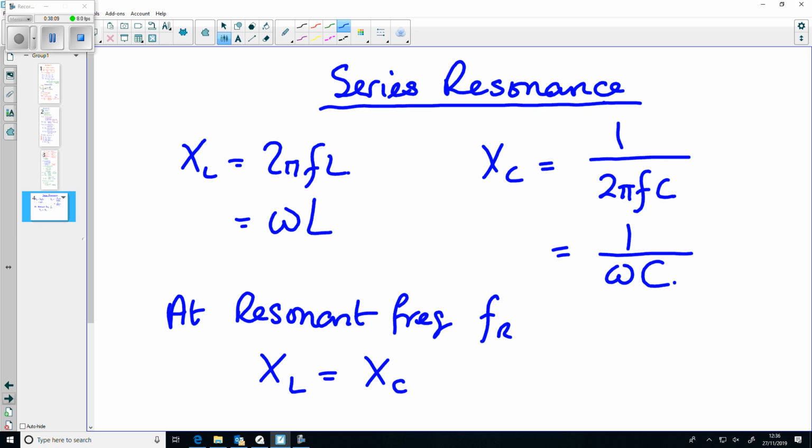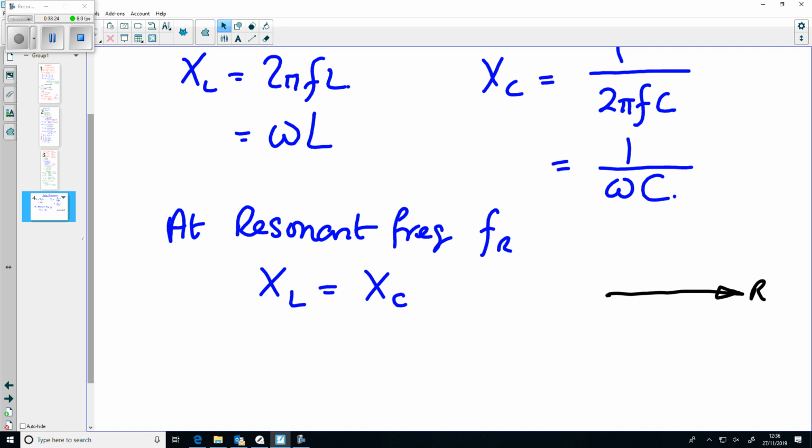This is where, in that phasor diagram that we drew before, there's our resistance, R. We've got an XL upwards that is the same size as XC downwards.